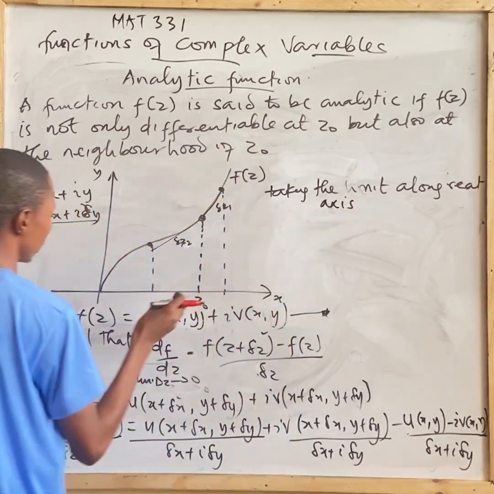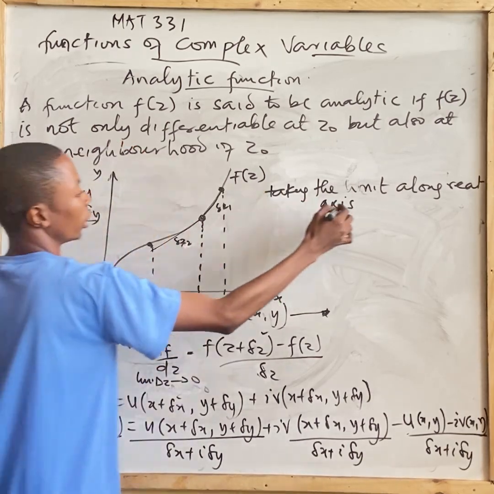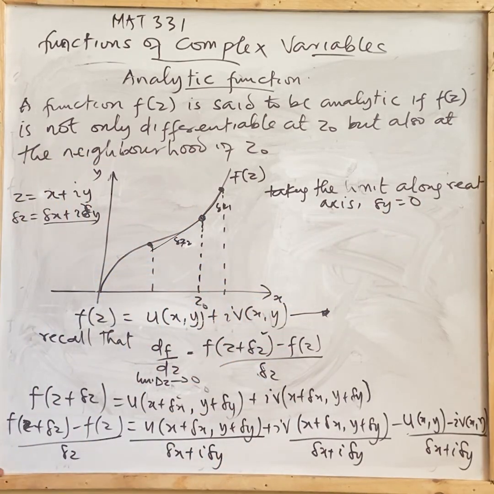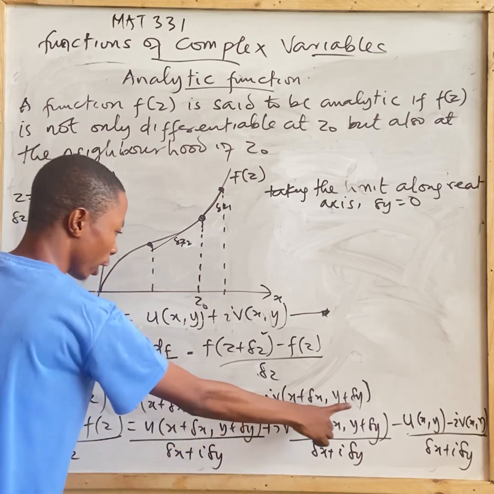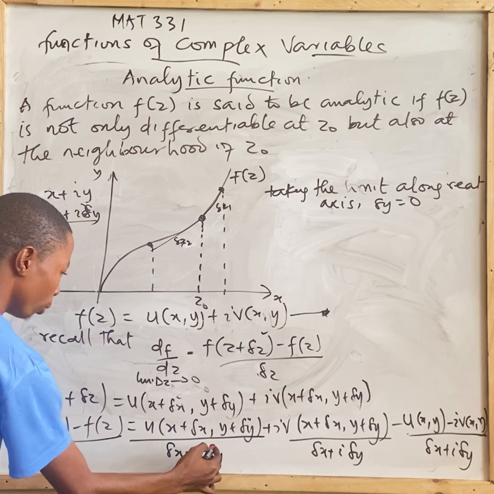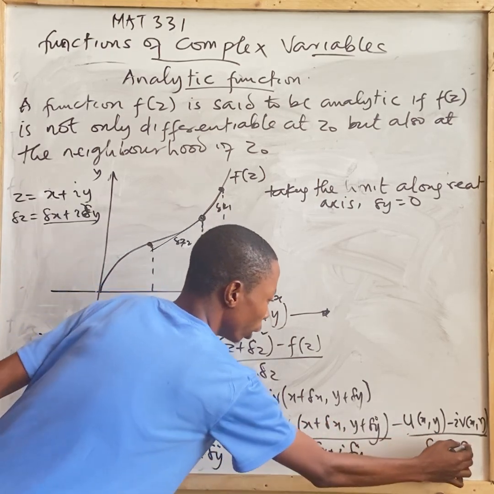The meaning of along the real axis is that we are considering the y component to be 0. So anywhere you see the y, just cancel it. If I'm taking the limit now, this one will be 0, this one will be 0, and so on.